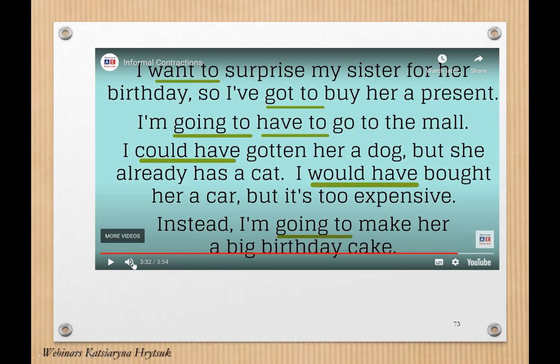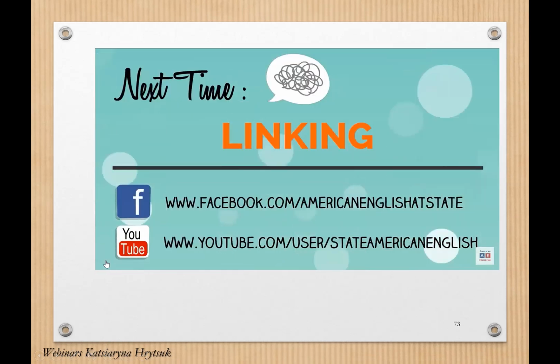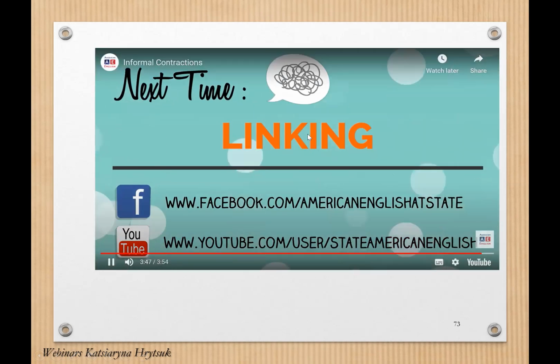Zhenya, instead, I'm gonna make her a big birthday cake. Good. Very good. No, this we will not discuss now. So these are informal contractions. Okay, so let's move to the next.